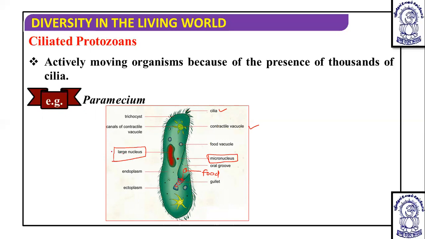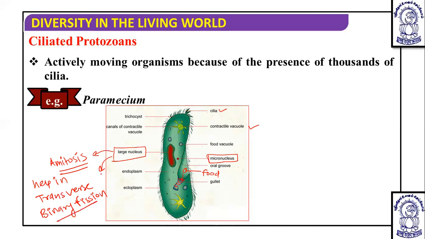Now, this large nucleus helps in transverse binary fission, so it undergoes amitosis. Remember that amitosis is performed by the large nucleus because that helps in transverse binary fission.